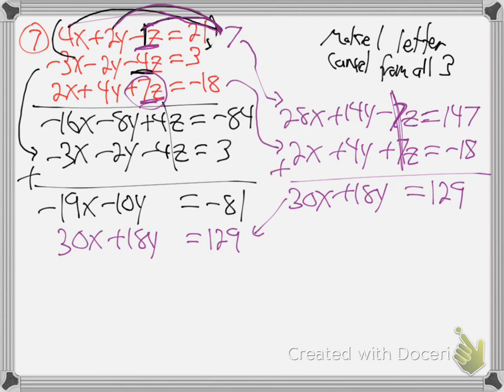What are you going to do? So I got to make something the same. So I can multiply this top one by 30 and the bottom one by 19. You know, just multiply them by each other. Then 30 times 19, whatever that is, and 19 times 30, whatever that is, that's got to be the same number. One's going to be negative, one positive. They'll cancel. So what am I going to get then?